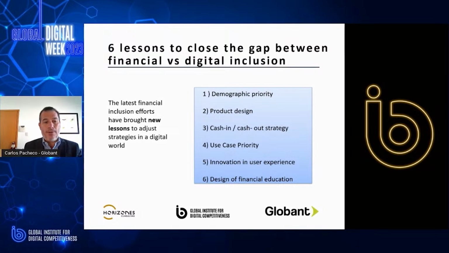The third does a deep dive in one key use case. And this use case is about cash in and cash out, and how people can deposit and make withdrawals of their money from their account.